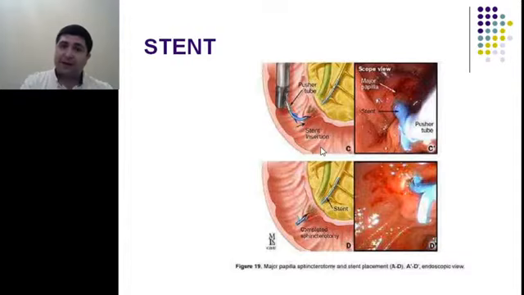On X-ray we see the stent. It's X-ray positive. We see the problematic area, open the stent in this area, and leave it there. That's all. The stent opens and decompresses the bile duct.